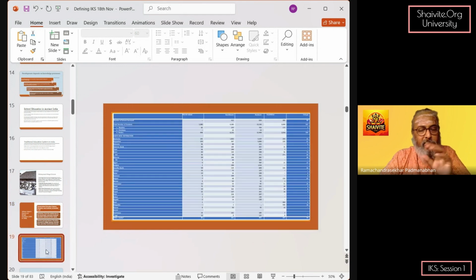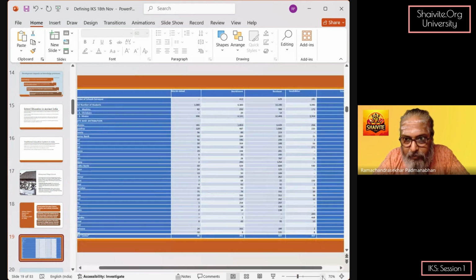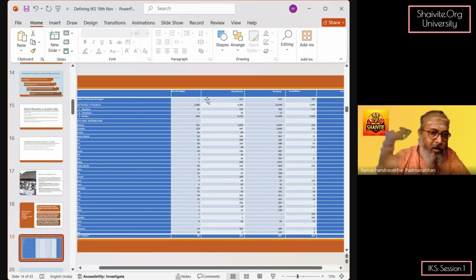For example, I just present a very small statistic. I'm very sorry, I don't know if this is even visible. I'll try to zoom in a bit. Now, this table gives a distribution of schools in several districts: Mushirabad, Birbhum, Burdwan, South Bihar, the entire Bihar and the Bengal region.